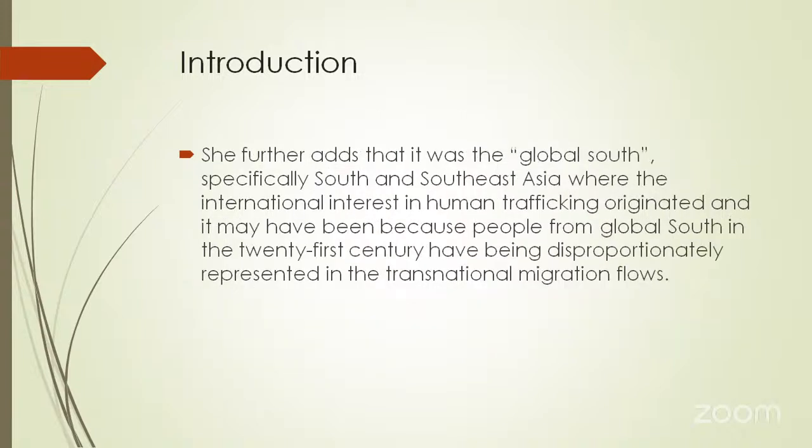It was actually the global south, specifically South and Southeast Asia, where international interest in human trafficking originated, because people from the global south in the 21st century have been disproportionately represented in transnational migration flow. Inevitably, it was the global south which was colonized, and colonization led to exploitation of resources and capital.